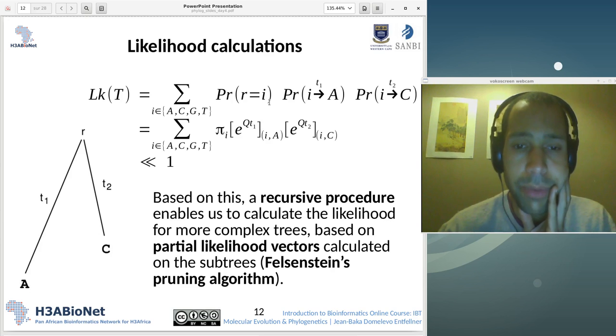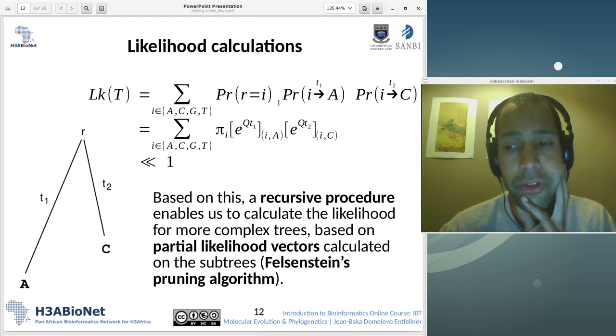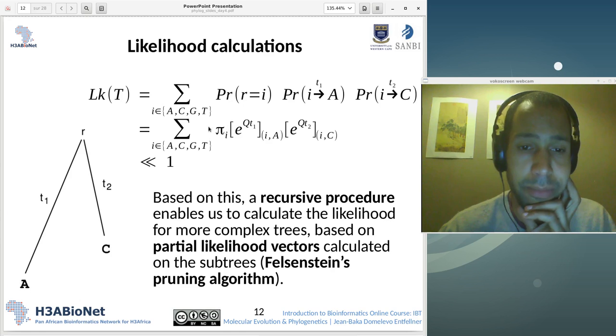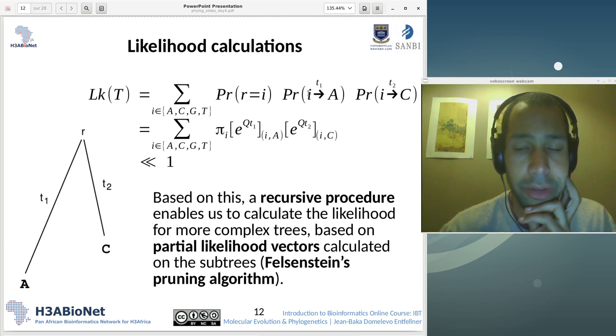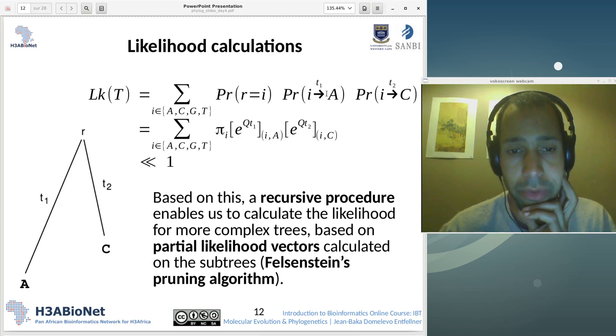And now, if you remember what we got from our model, if our substitution model is stationary, it accepts an a priori or background distribution of probabilities. So this probability of R being equal to I is pi I. Okay? It's given by the model. This probability, remember, for I to transform into A after a time t1 is given by the exponentiated matrix Q t1, okay?